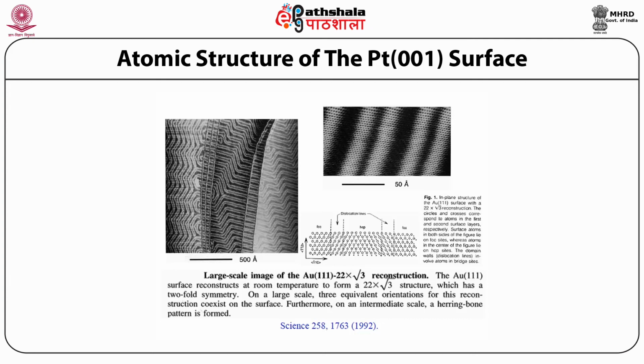So, this is the large scale image of gold 111, that is the 22 multiplied by root 3 reconstruction. Now here the gold 111 surface reconstructs at room temperature to form a 22 multiplied by root 3 structure, which has a twofold symmetry.